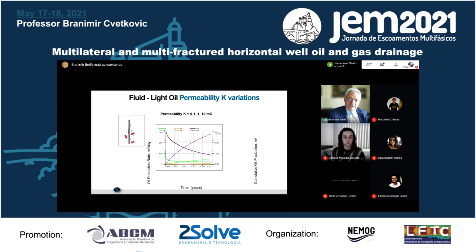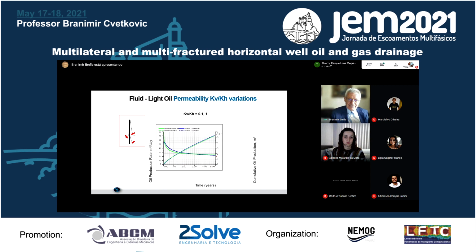That is light oil, with permeability K. So I can now change permeability to 0.1, 0.01, 10, and so on. And then I can also plot the differentiation between cumulative oil and oil production. Then I can also introduce KV, KH.